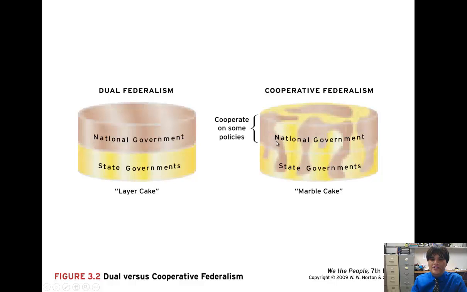You have some national government responsibilities pouring over into the state government, and some state government responsibilities floating up into the national government. It's all kind of mixed up, but it ultimately creates a very beautiful cake and a very sustainable system of government.